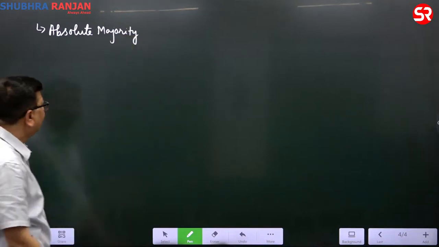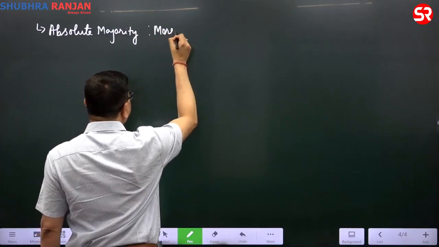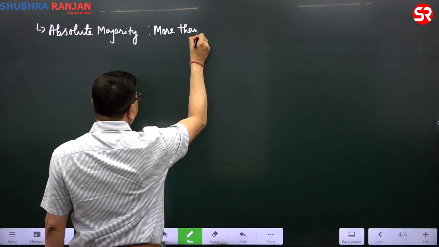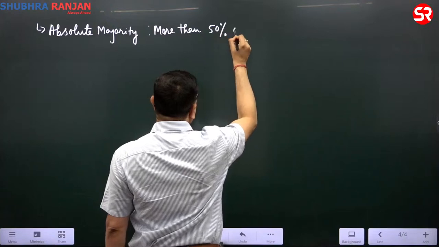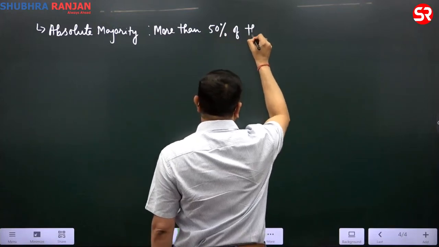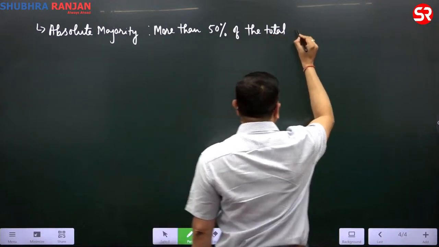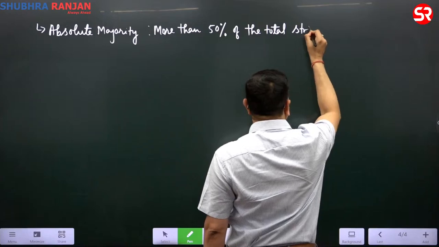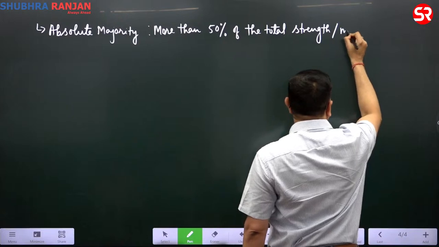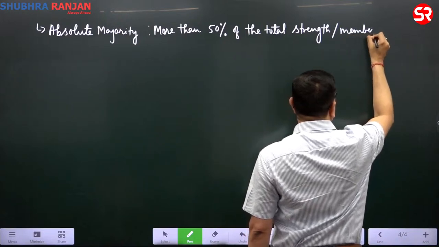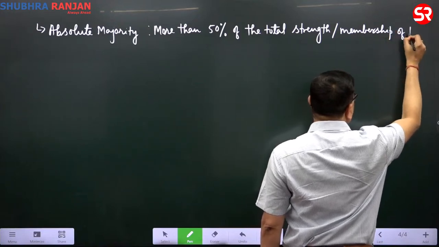Absolute majority. Absolute majority is more than 50% of the total strength or membership of the house.